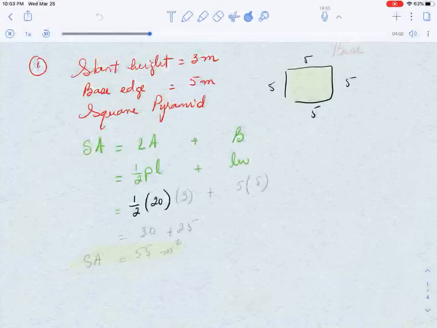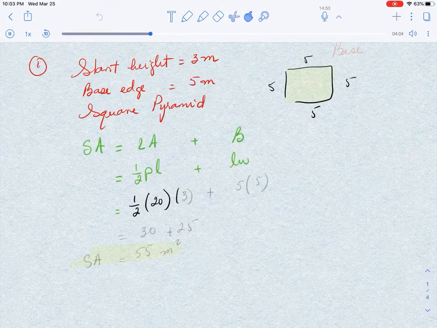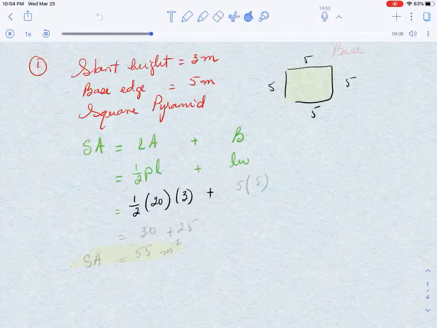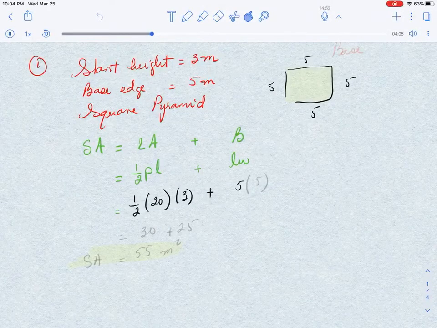The slant height is 3, plus 5 times 5, because this is the base.